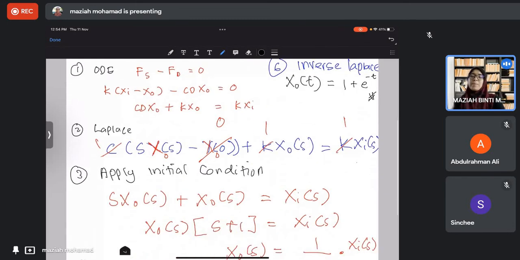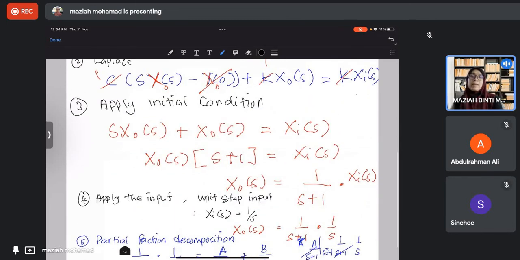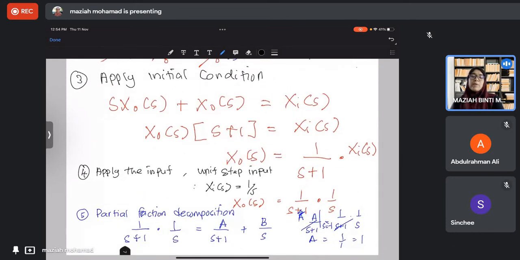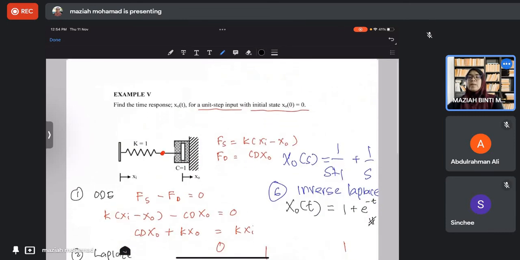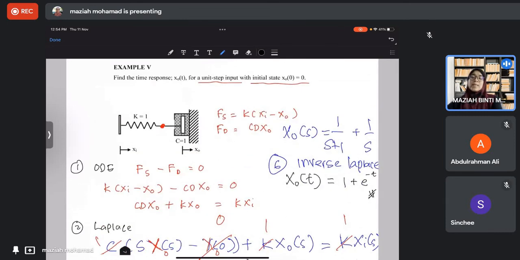Step number 3, apply the initial condition. Step number 4, apply the input. Step number 5, we do the partial fraction decomposition. We solve for A and B using reminder theorem. And then step 6 will be inverse Laplace, where finally we get the solution of the ODE, which is the time response of the system, which is 1 plus exponent negative t.